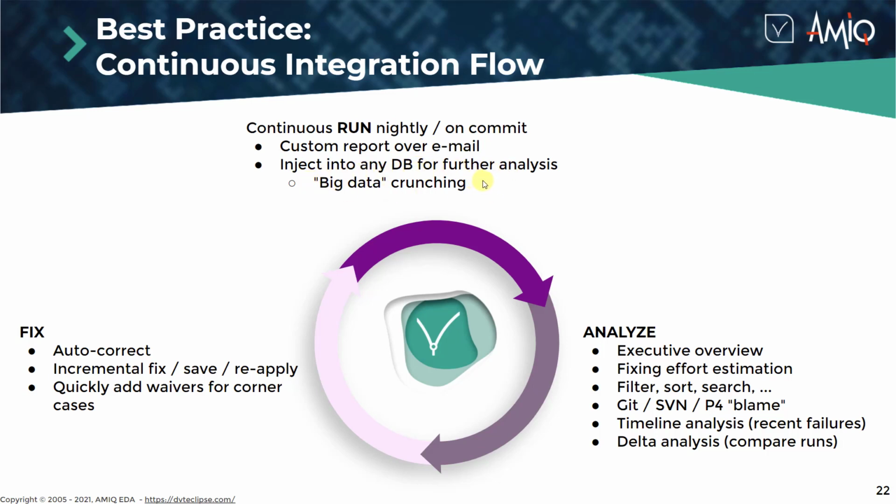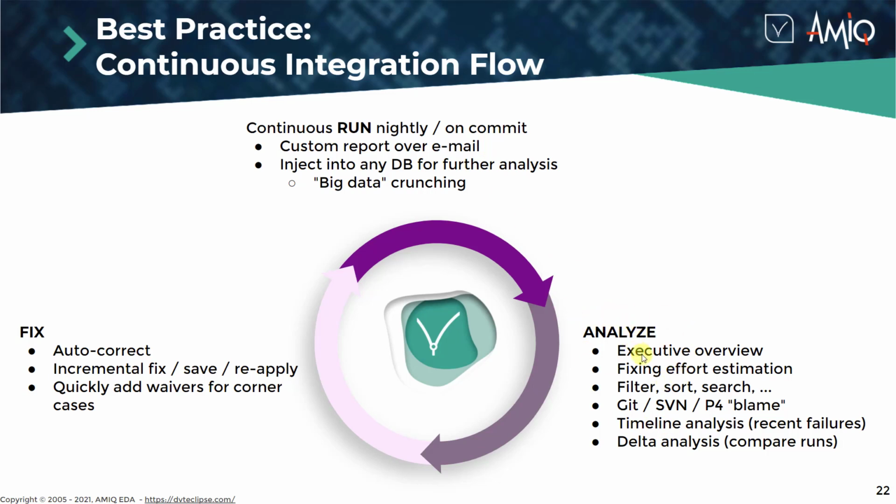It can even act as a revision control check-in gate, for example, with a reduced set of critical rules. Furthermore, this gives you an always up-to-date state of the linting results and a set of baselines ready to use for delta analysis.